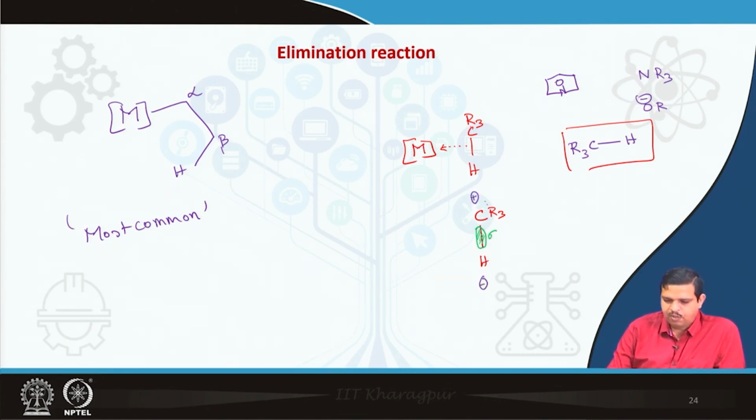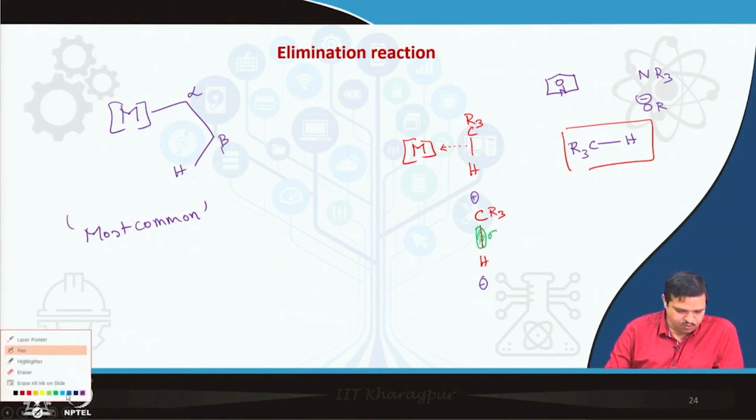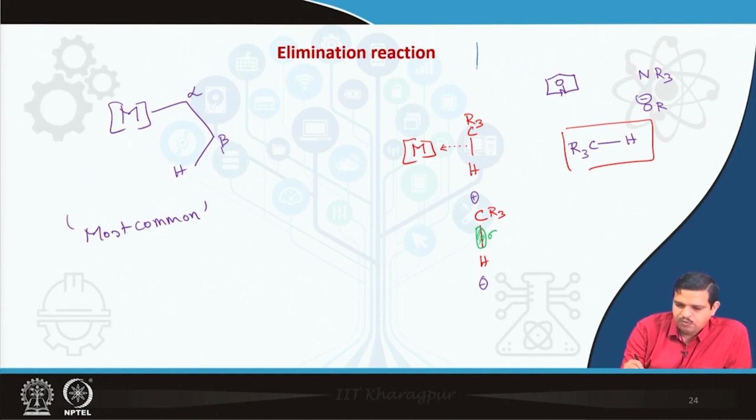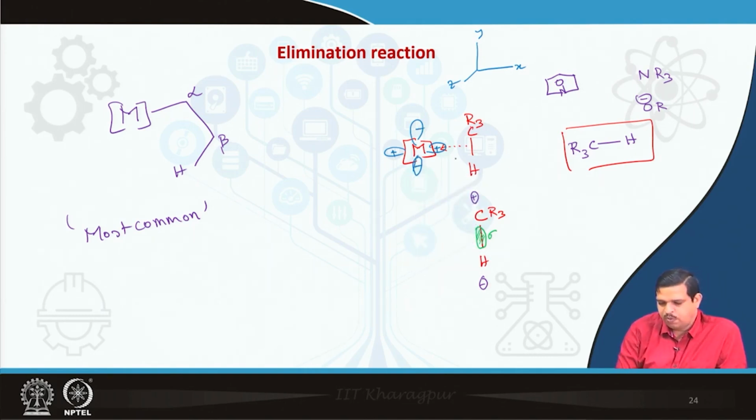Now, coming to the metal part, can you imagine the matching symmetry of the metal d orbitals? As I told, if this is my x, this is my y, this is my z, you will see that the sigma electron density can donate to the dx square minus y square orbital. Now, you have the sigma star.